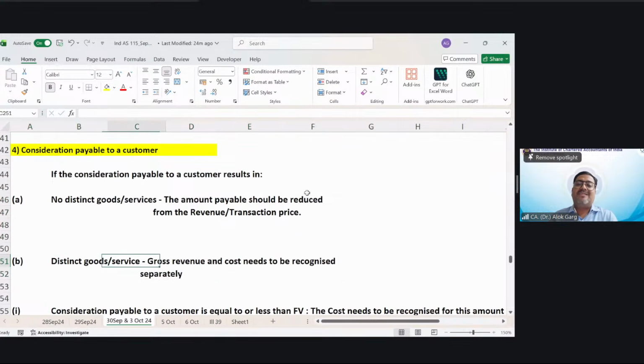For example, there is a distinct goods or services. Now, again, same example. I have collected 10,000 rupees from Rahul. So Rahul's parents have a stationery shop.